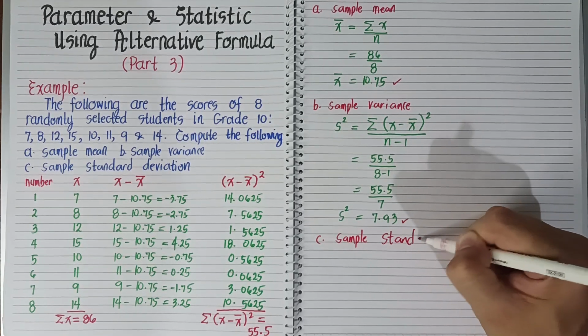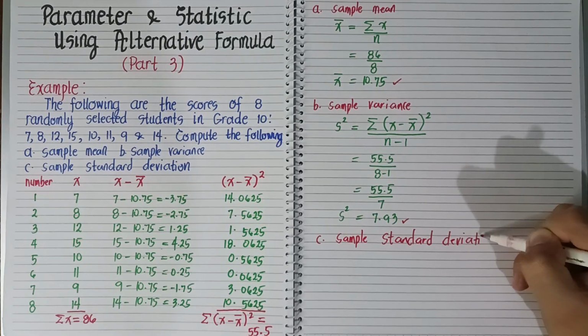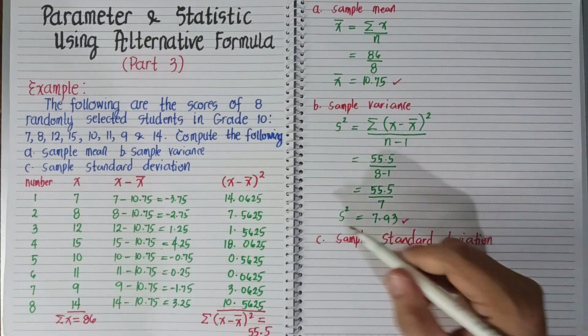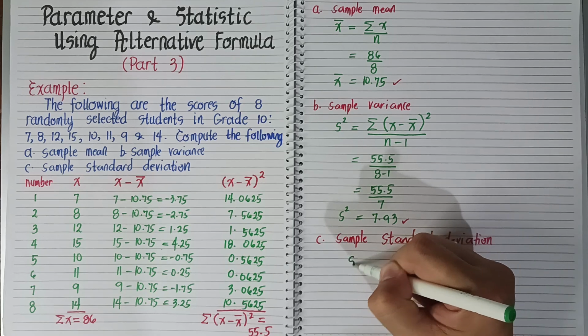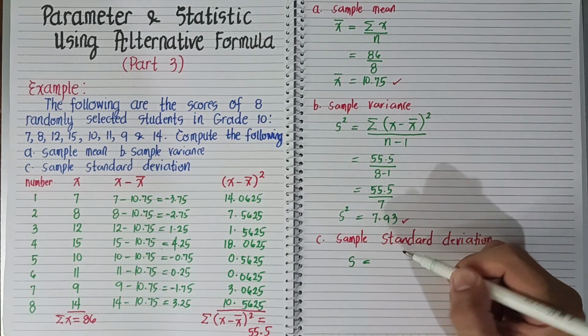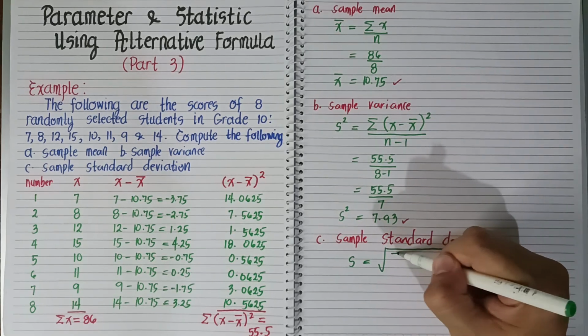sulat ko muna. What do we know about sample standard deviation? Very good. That is actually the square root of the sample variance. So, meaning, this is equal to S. So, walang exponent yan guys. Kaya square root na to. Square root of, so guys, ito lang yon.